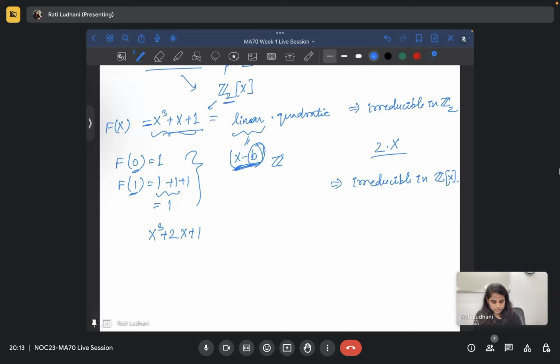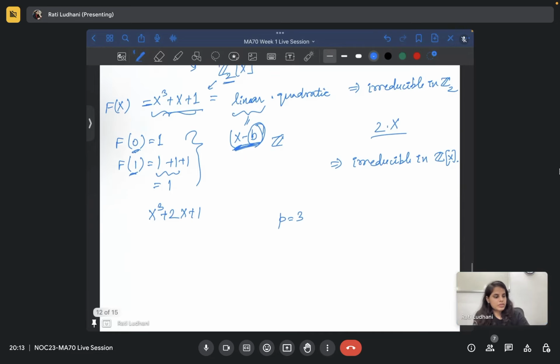So p is equal to 3. If you take p equals 3, again the same thing: linear times quadratic. There is only one possibility, because this is degree 3.